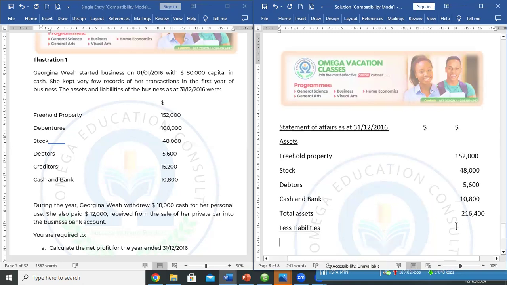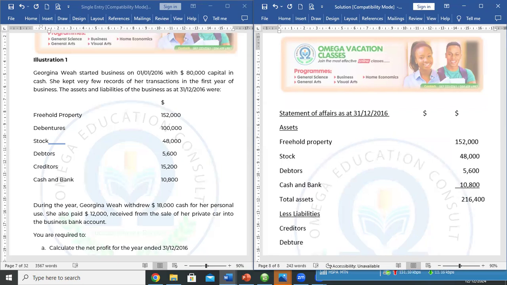Then for the liabilities, I think we have the creditors and the debenture. Debenture is also a long-term liability, right? But it's common with companies other than the sole proprietorship. So we have creditors and we have the debenture. Creditors were 15,200. The debenture is 100,000.